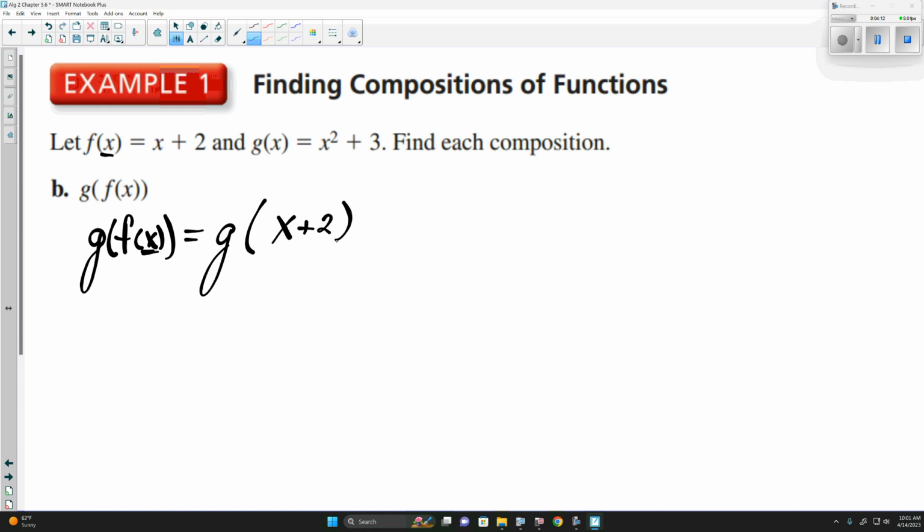It doesn't change anything. But for g of x, I don't have g of x anymore. I have g of x plus 2. That means every x in g of x is now going to be replaced with x plus 2, which tells us that we have x plus 2 squared plus 3.